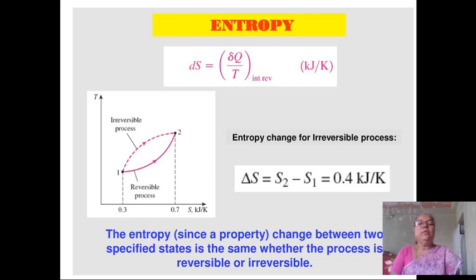The small change in entropy is given by the ratio dq by T, where dq is the small amount of heat q absorbed at temperature T. This is the mathematical expression of entropy.